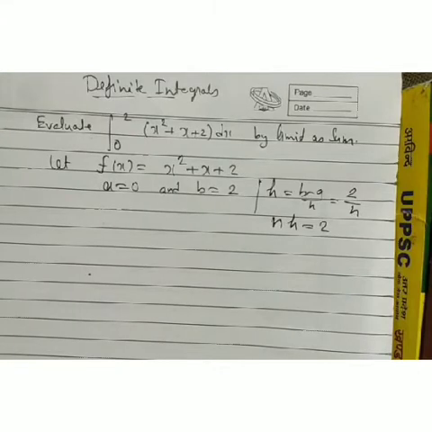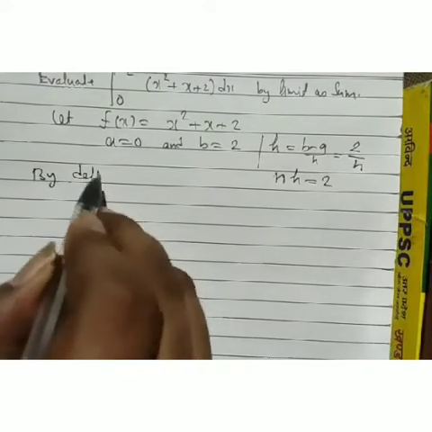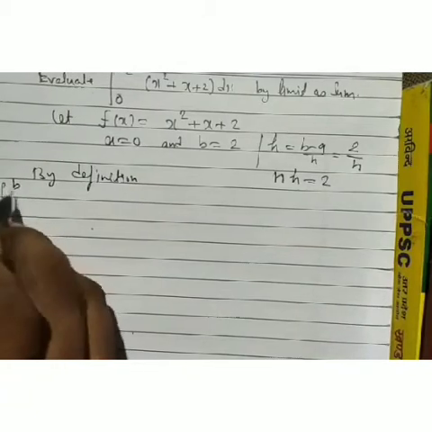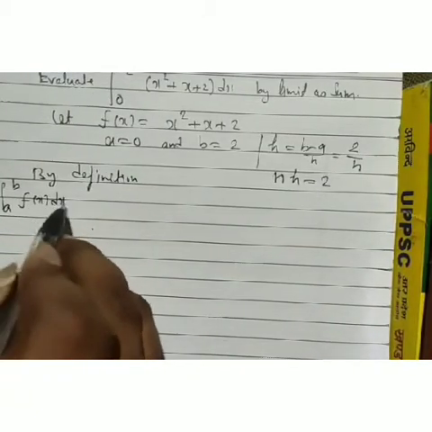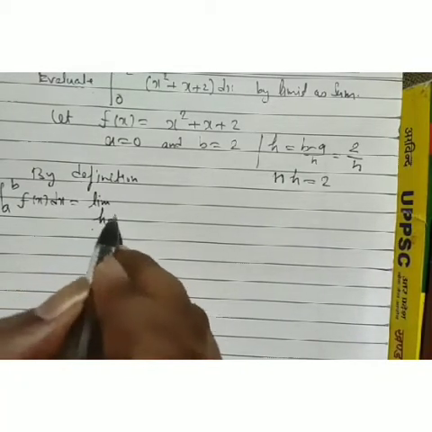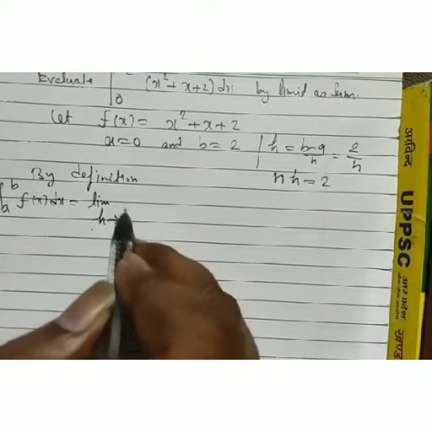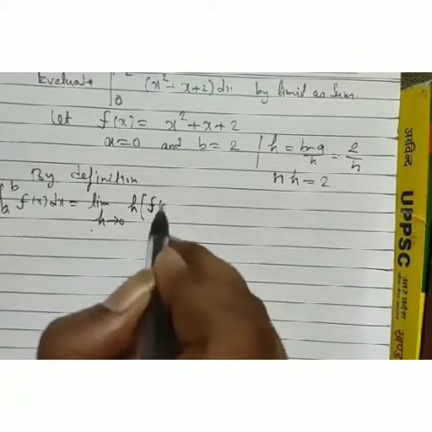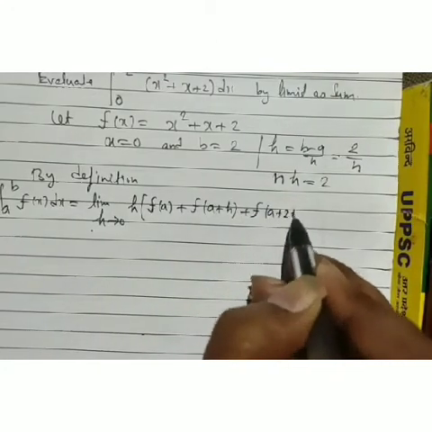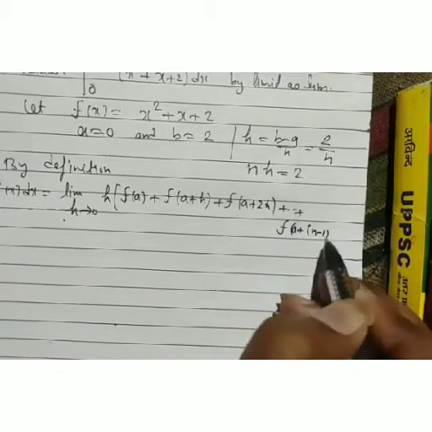Now we find the integral using the definition. By definition, the integral from a to b of f(x) dx is the limit as h tends to 0 of h times [f(a) + f(a+h) + f(a+2h) + ... + f(a+(n-1)h)].